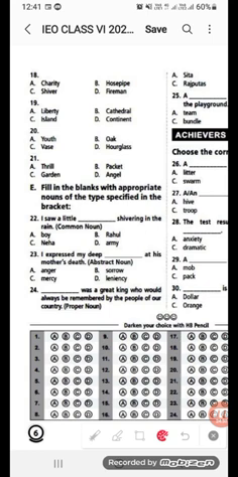In option A, it has been written boy, then Rahul, then Neha, and then Ami. Boy, it can be any boy. It's an example of common noun. Rahul, it's an example of proper noun, whereas Neha is also an example of proper noun, because Rahul is a specific name given to one boy or one man.